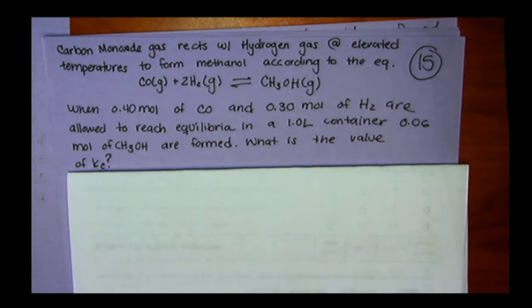And for Kc and all K values, you have to be at equilibria to plug in any numbers into this expression. You know that you're at equilibria because it says, this is my equilibria constant.